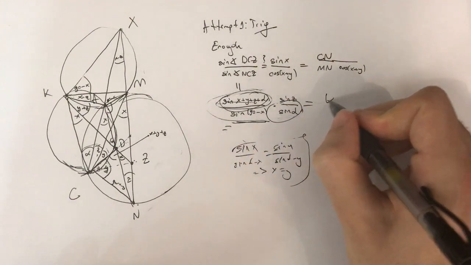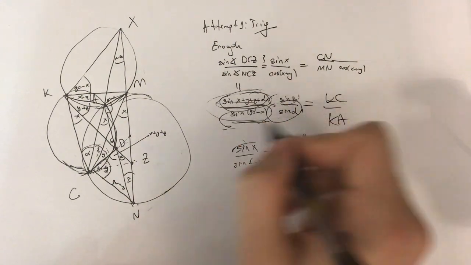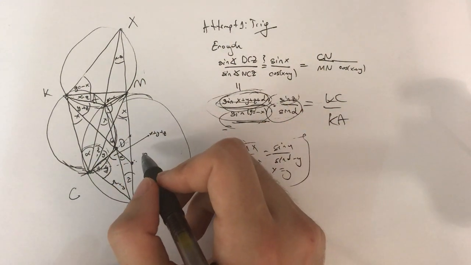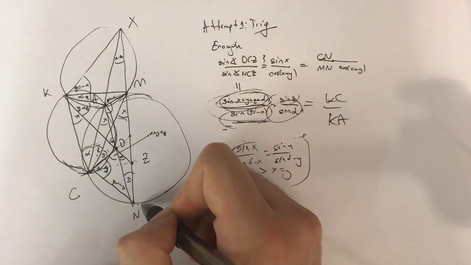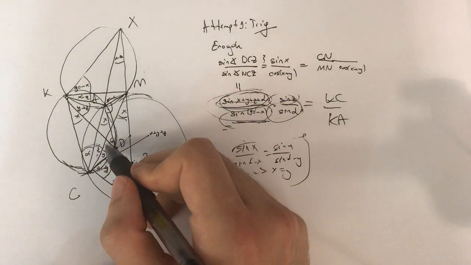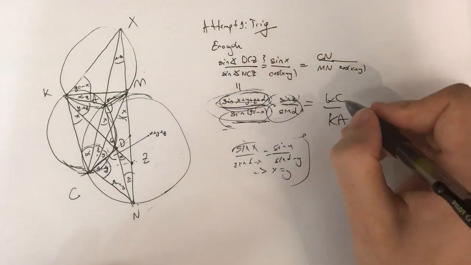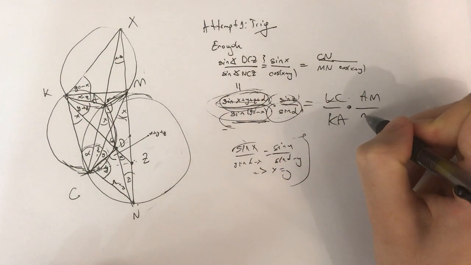This is going to be equal to KC over KA. And now I have sine z and cosine of x. Cosine of x is what? We have that it is CM over this. And now what am I looking for? Z. Where is z? It's AM. So I'm looking at AM over CM. So sine z over cosine x is AM over CM.